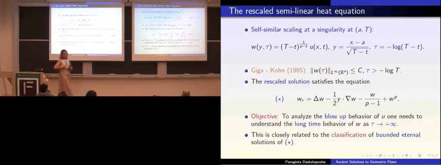So when you take the limit and you end up with an eternal solution of this equation, you ask what are the possible bounded solutions of the equation star, which are eternal. Eternal means that they are defined for time tau between minus infinity and plus infinity.